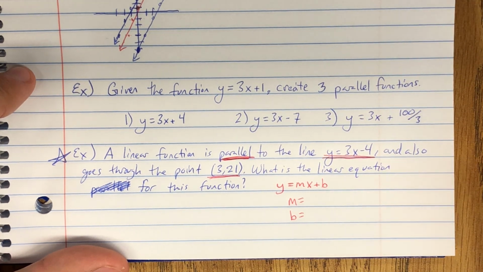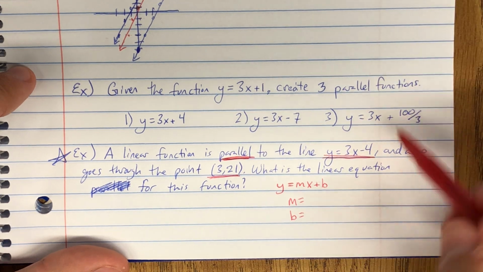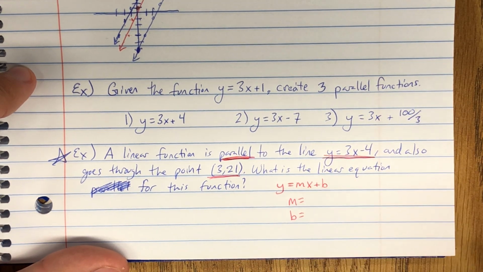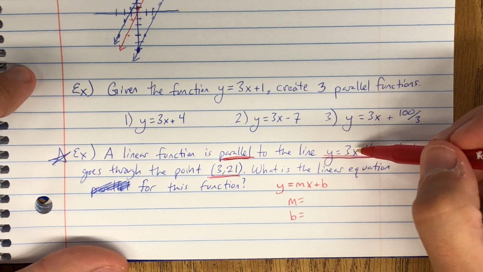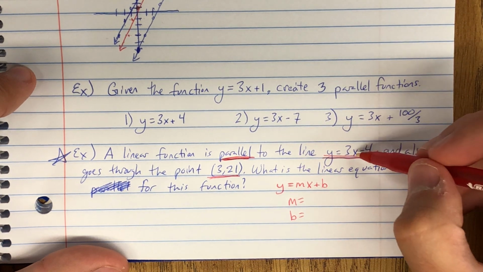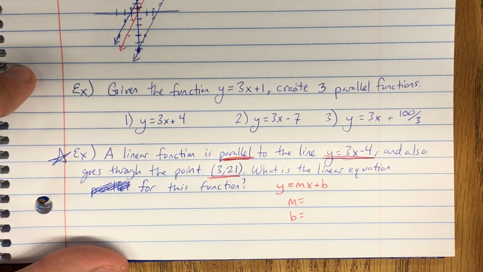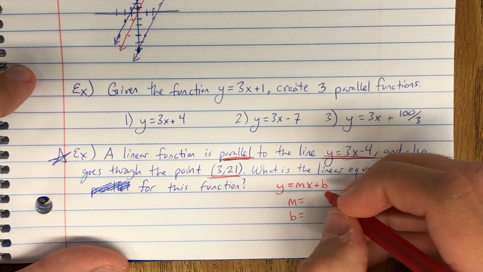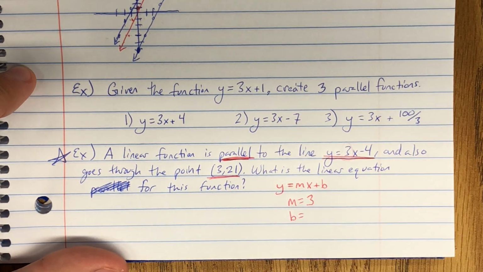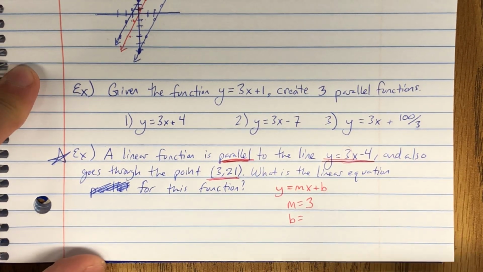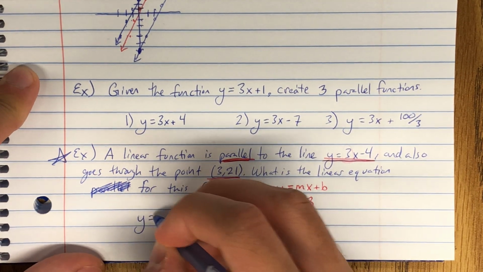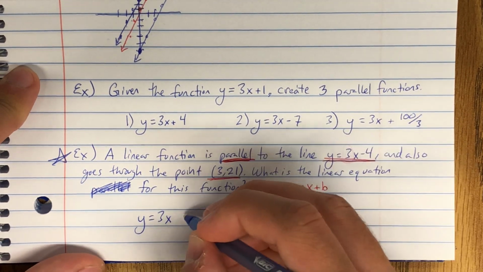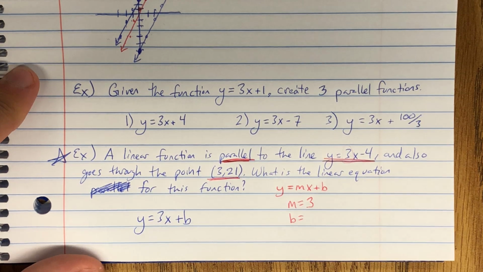So if it's parallel, that means the slope has to be the same. The line it's parallel to, y equals 3x minus 4, has a slope of whatever's attached to x, in this case 3. So our line has to have a slope of 3. At this point, we have y equals 3x plus b. So we still need that b value.